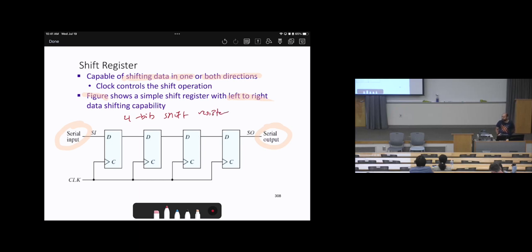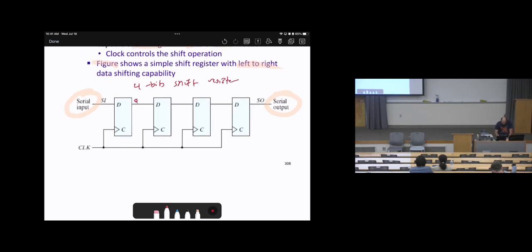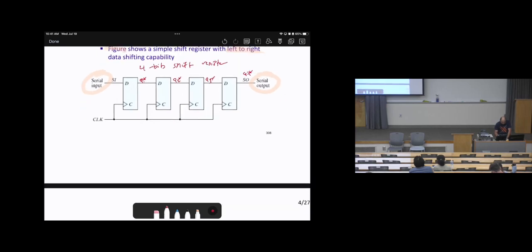Again, this type of register is just to shift the data. So the data will be transferred. Let's assume this is Q1 star, Q2 star, Q3 star, and Q4 star. So I'm going to draw the following sequence. Here is the clock.